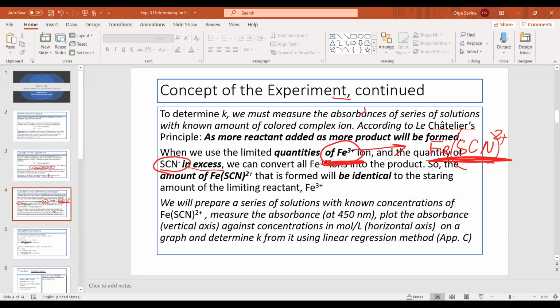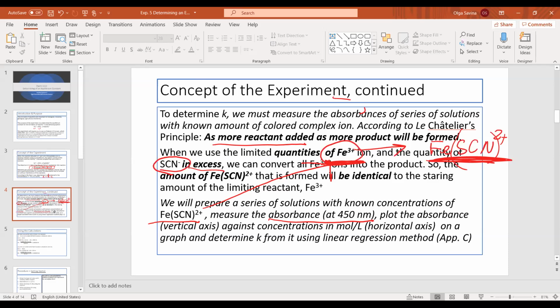As more reactant is added, more product will be formed. We will prepare a series of solutions with known concentrations of iron thiocyanate 2 plus in the way we discussed, and measure the absorbance of our solutions at 450 nanometers.